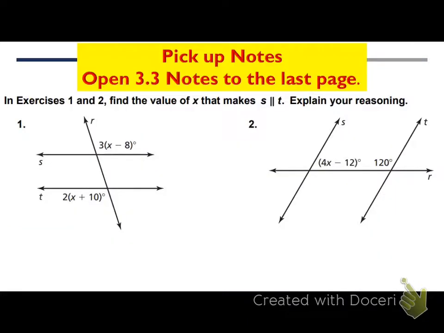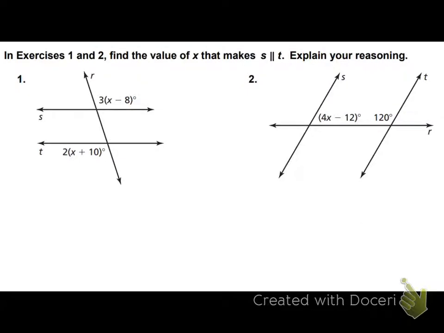This is above the box you should have just drawn on 3.3. It says find the value of x that makes line S parallel to line T and explain your reasoning. Guess what? Explaining your reasoning in this section is half of the problem. Okay, so first we're going to talk about what relationship these two angles have.